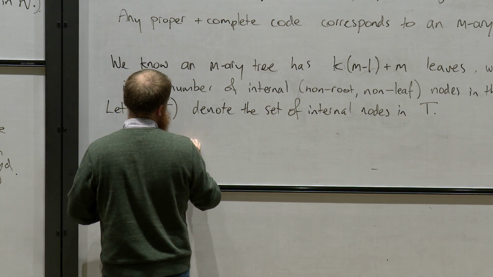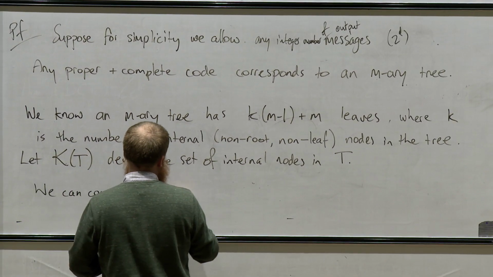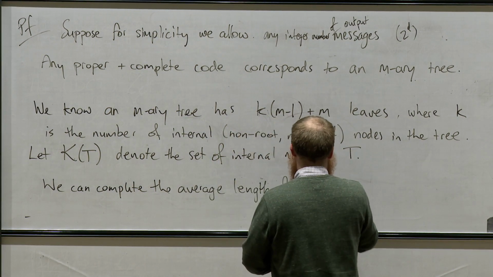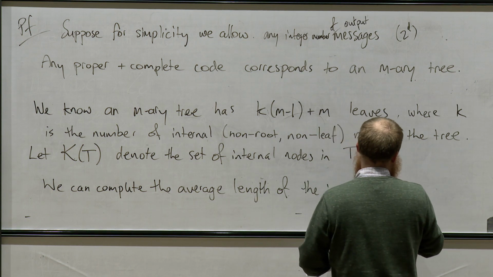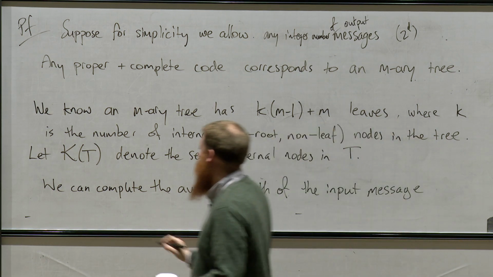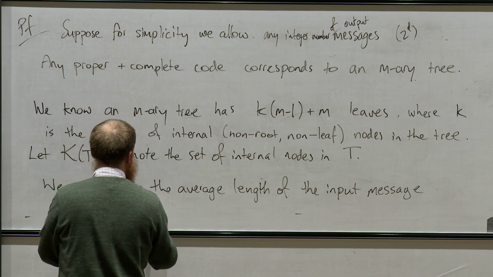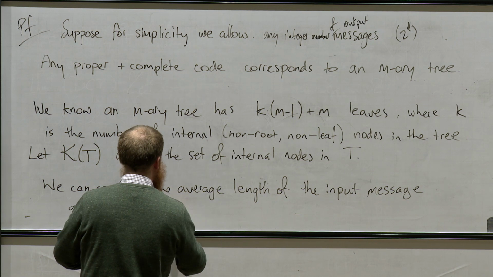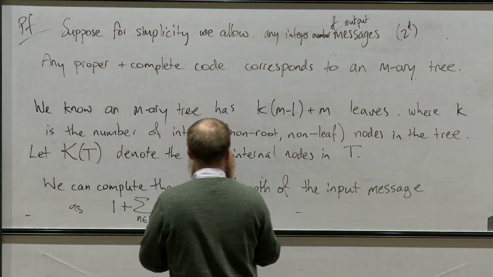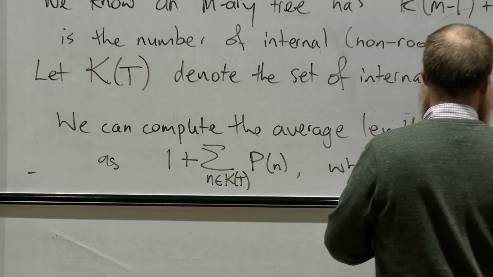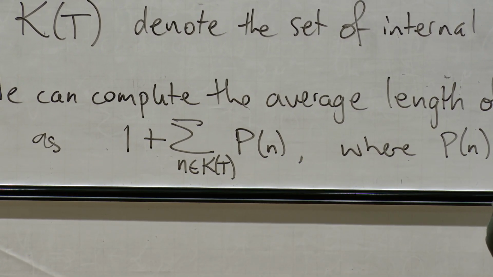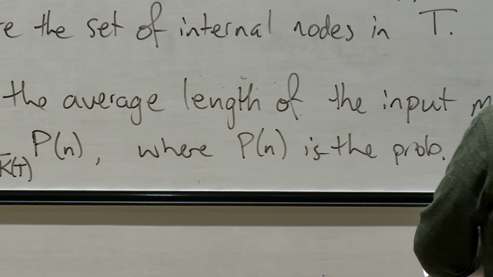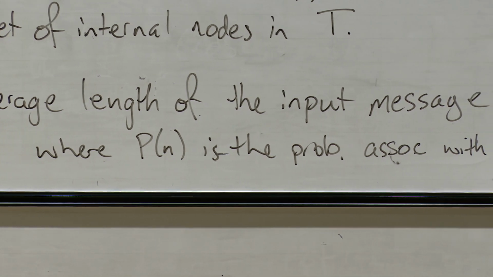We can compute the average length of the input message as 1 plus the sum of Pn, where Pn is the probability associated with node n, rather.